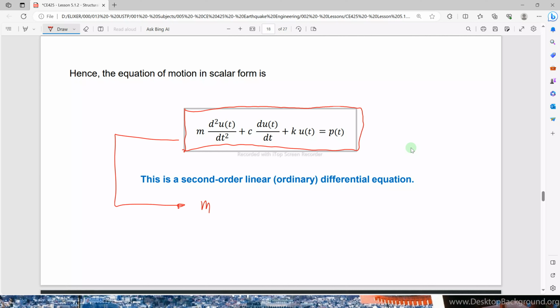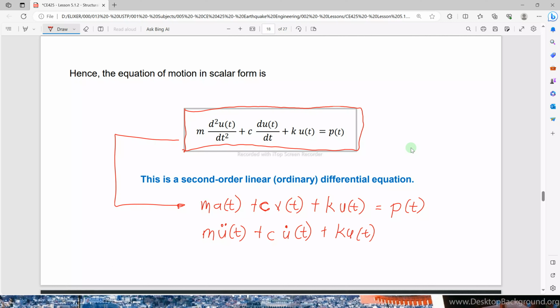That is just mass times the acceleration plus the damping coefficient times the velocity as a function of time plus k or the lateral stiffness times the lateral deformation u of t is equal to the external dynamic force as a function of time, or m u double dot of t plus c u dot of t plus k u of t is equal to p of t in our scalar form.